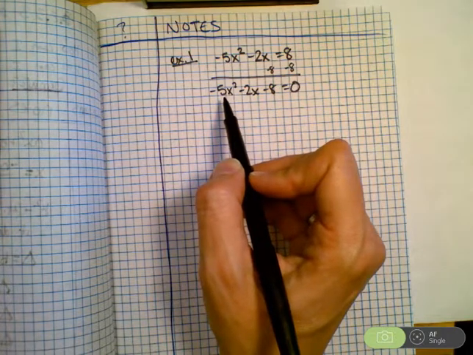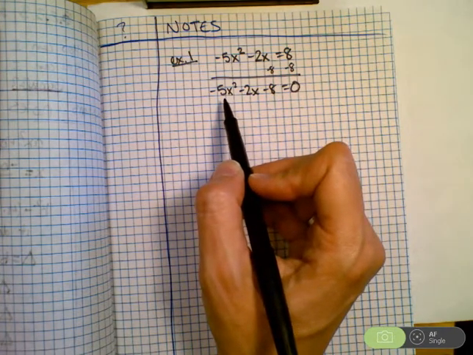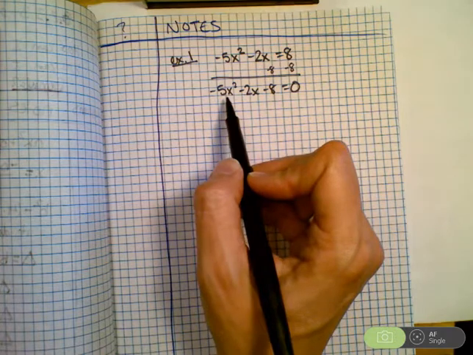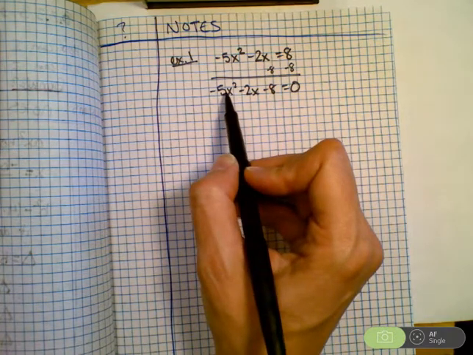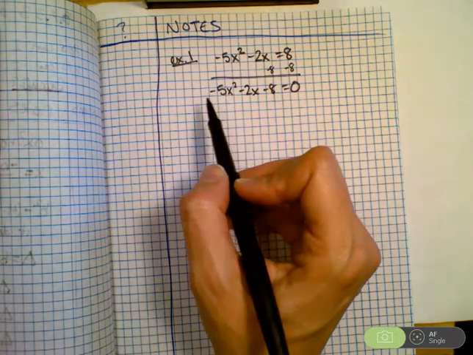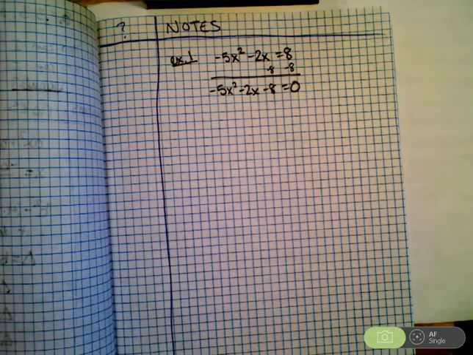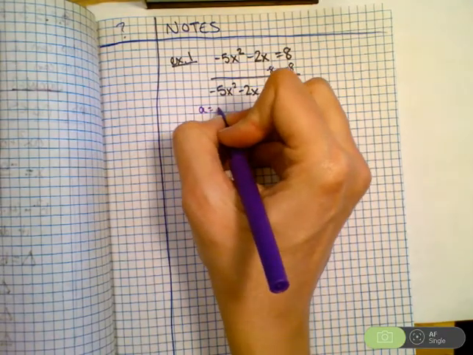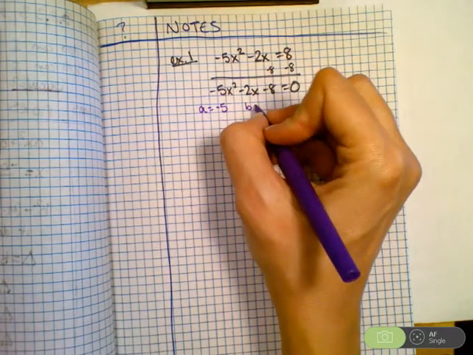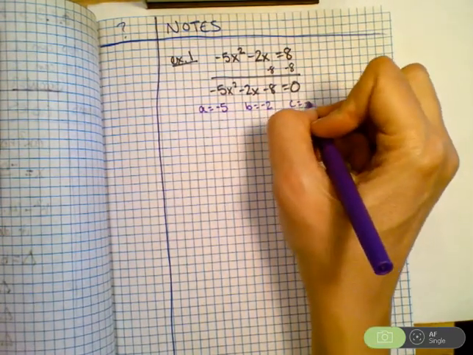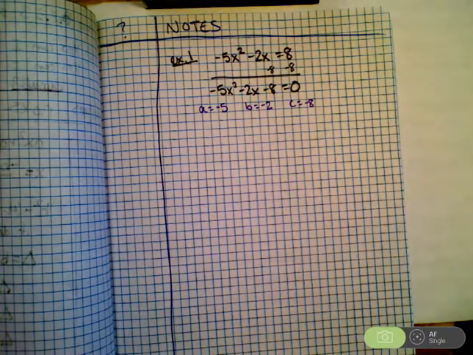We could do either one of those, and if you're super interested, we'll have a lunch math party one day, and I can show you how you could still do this with completing the square or factoring. But for our purposes, using the quadratic formula is going to be the most straightforward way to do this. So I'm going to identify a, b, and c. And then I'm going to plug those into the quadratic formula.